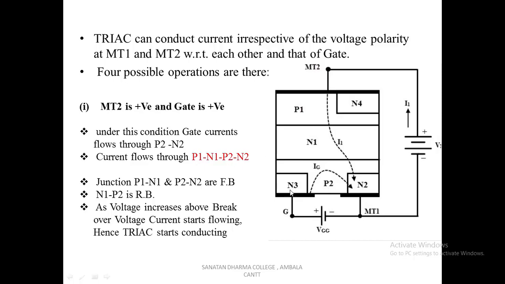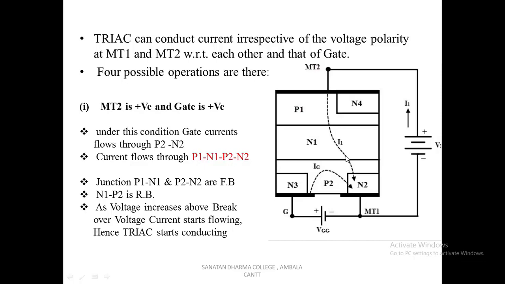Let us see what happens to the junctions. Due to this supply, the P1 N1 junction becomes forward biased, and P2 N2 also becomes forward biased, but the N1 P2 junction is reverse biased.